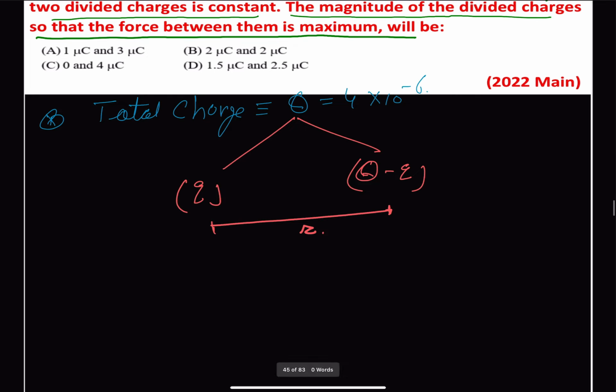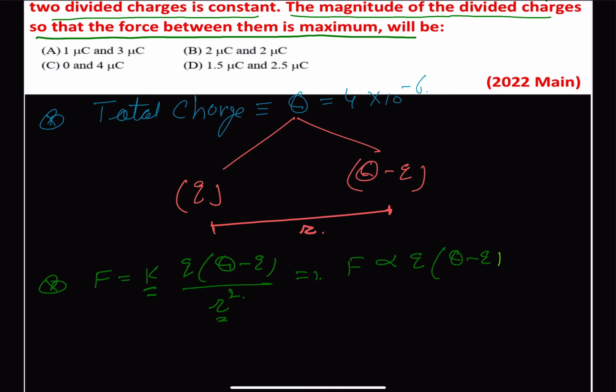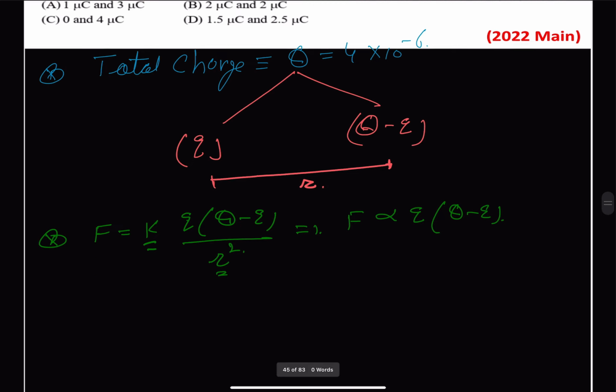So we can write the equation of the force will be equal to k q into Q minus small q divided by r square, and our r is fixed, so it means both k and this r square is constant, and from here we can say our force is proportional to q into Q minus small q, and we need to maximize our force.